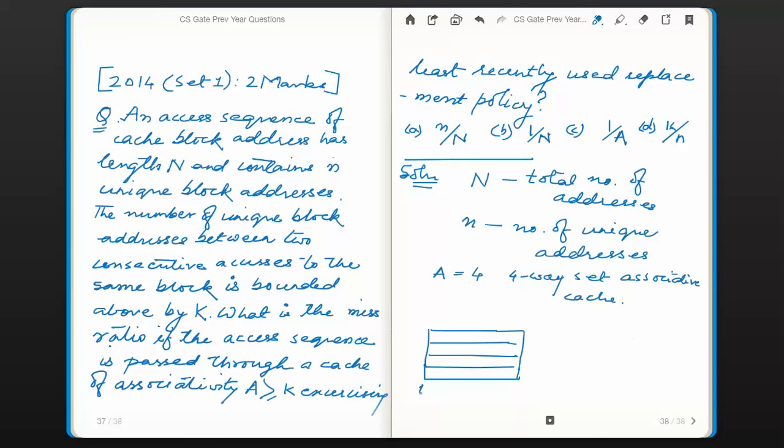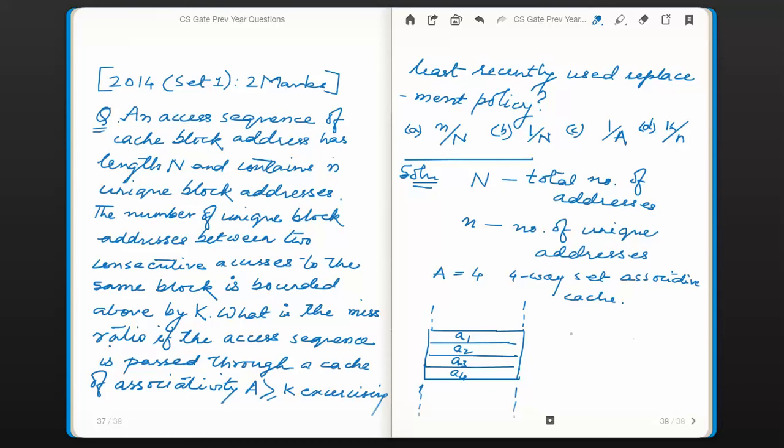Now let's say the content of the set, whatever set it might be, is A1, A2, A3, A4. So 4 blocks are there with these addresses, and A1 is the least recently used block, followed by A2, followed by A3, and A4 is the most recently used block. That means next time if a different block address comes, then A1 is going to be overwritten by it.